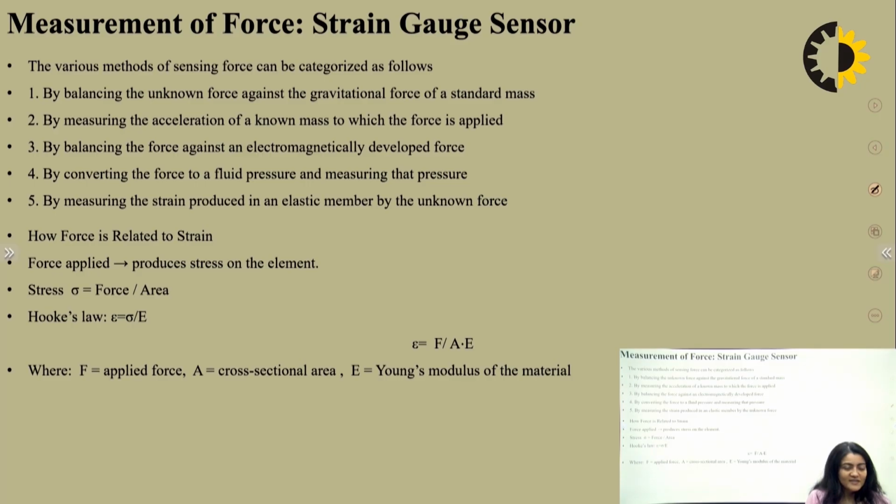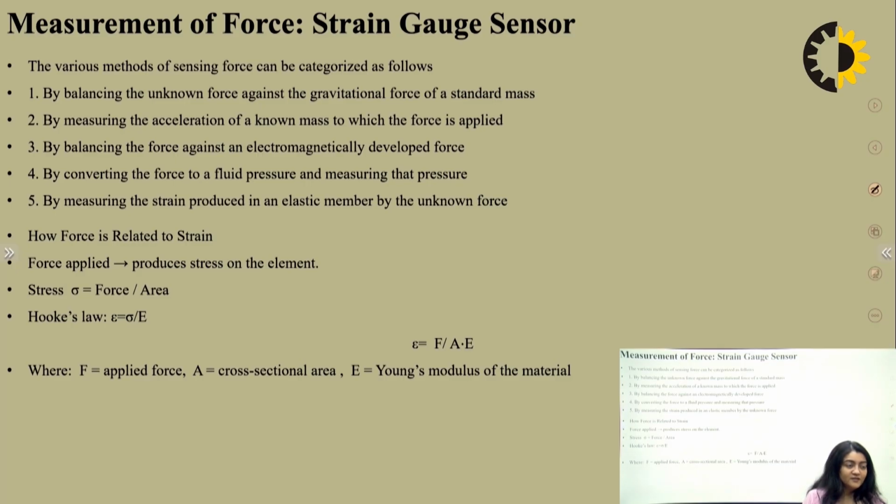Now, how is force related to strain? Force applied produces a stress on the element. If it is an elastic member, then stress is equal to force upon area. It is given by sigma. According to Hooke's law, E is the Young modulus.